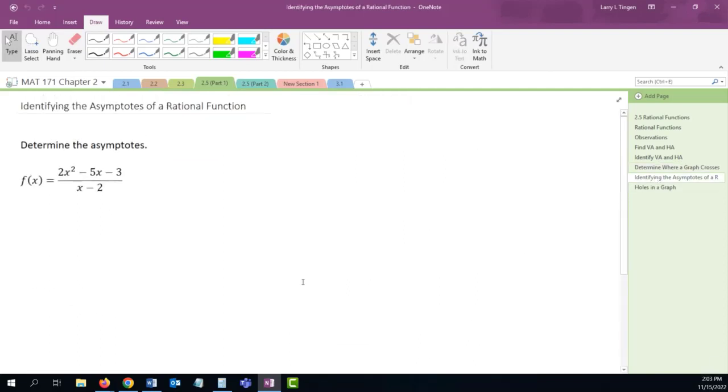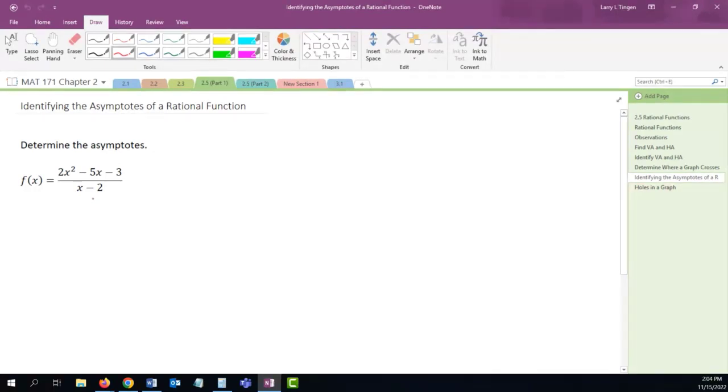those funny asymptotes. All right, so I got 2 more here. Determine the asymptotes. That's fine. We can determine those asymptotes without any trouble. I want to check out vertical asymptotes first, but I have to make sure that I see x minus 2 is in the denominator, so that corresponds to x equals 2.